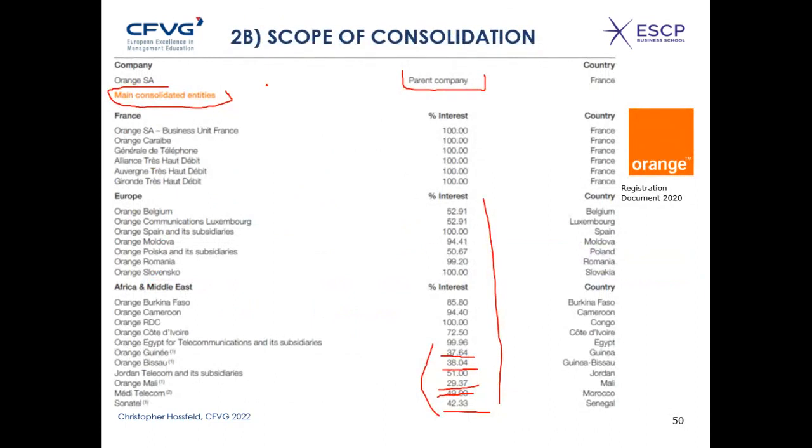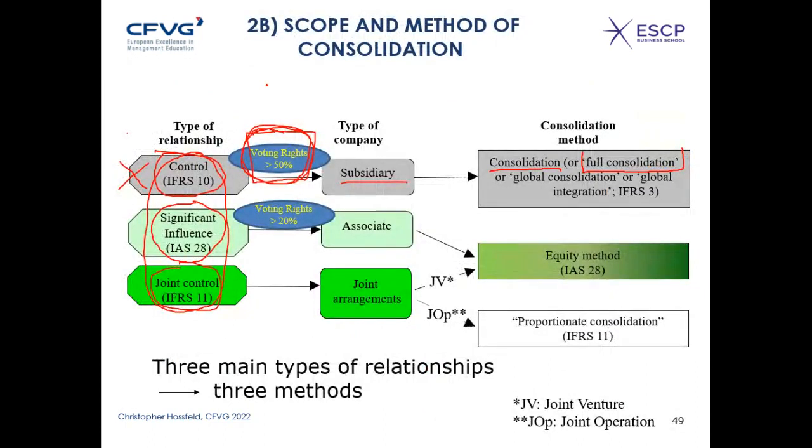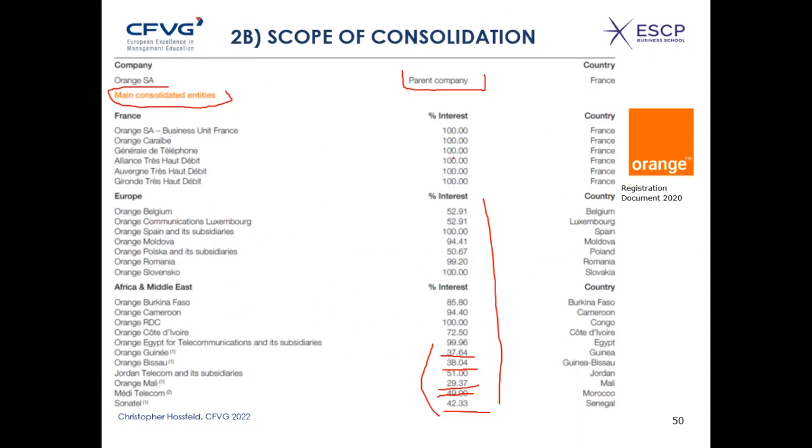It's complex. I don't have statistics on that. Probably in 90% of the cases, if you do have a majority of voting rights, you do control, and we are good. But there are 10% of cases where we do not control with more than 50%, or we do control, but we have less than 50%.